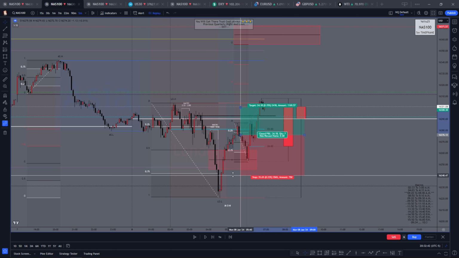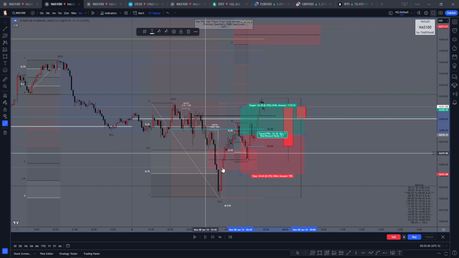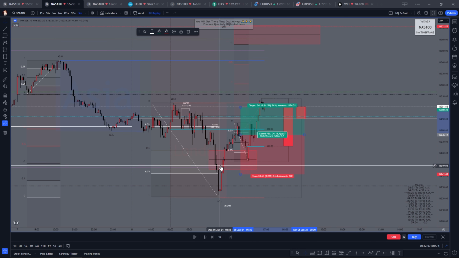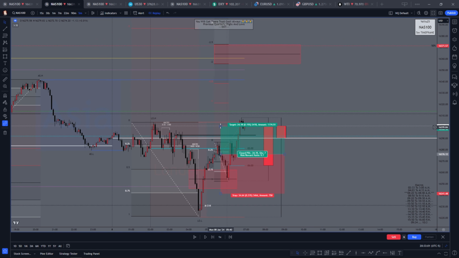I don't care if the price stops me out here because I have the breaker and I have this balanced price range. I don't like to see price going lower. Okay, I would like to see price inside this range and going up. Okay, my target will be here or there, but I will take the target here, so it's a good trade.